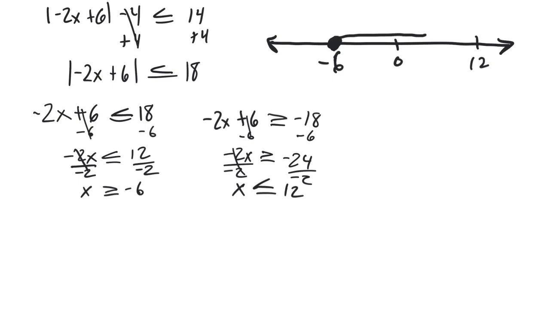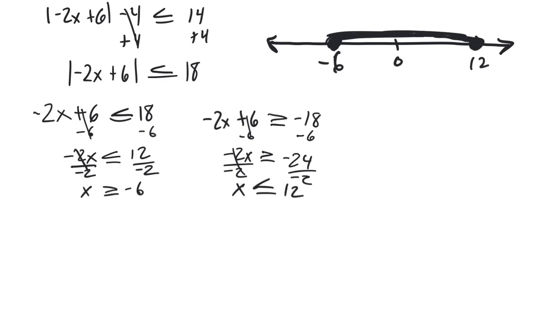On the other side, we have x is less than or equal to +12. The equal to part's going to make our circle filled in. And since less than, it's going to go to the left, so it ends up being all these values between the -6 and the +12.